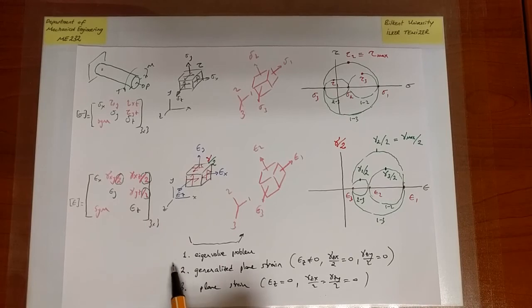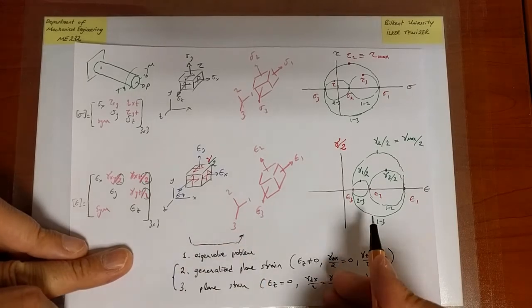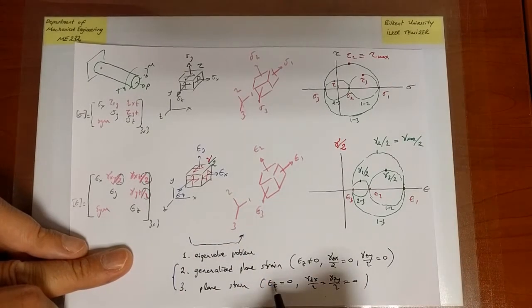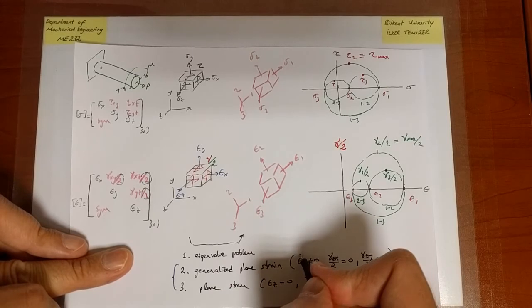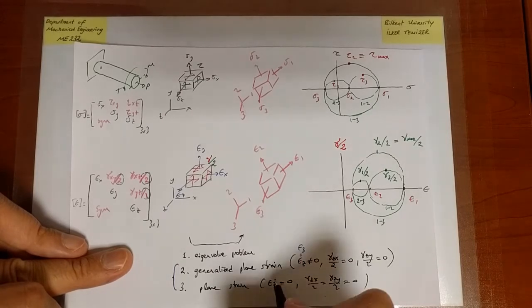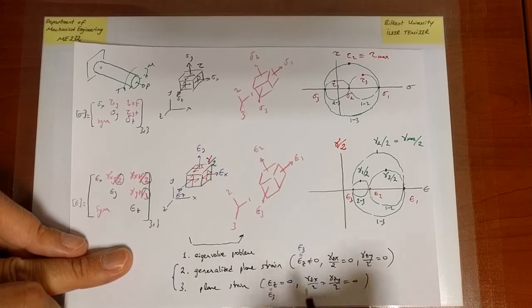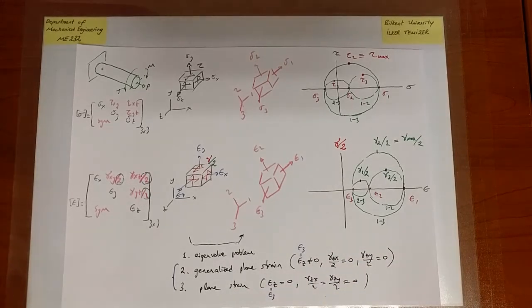Okay, so if these two are what I have as simpler cases, then I can directly go for the Mohr circle, because it turns out that the z direction is a principal strain direction. In this case, that value is 0. In this case, it's whatever the value of epsilon z is. And I can calculate the remaining 2 directions based on the Mohr circle once again.